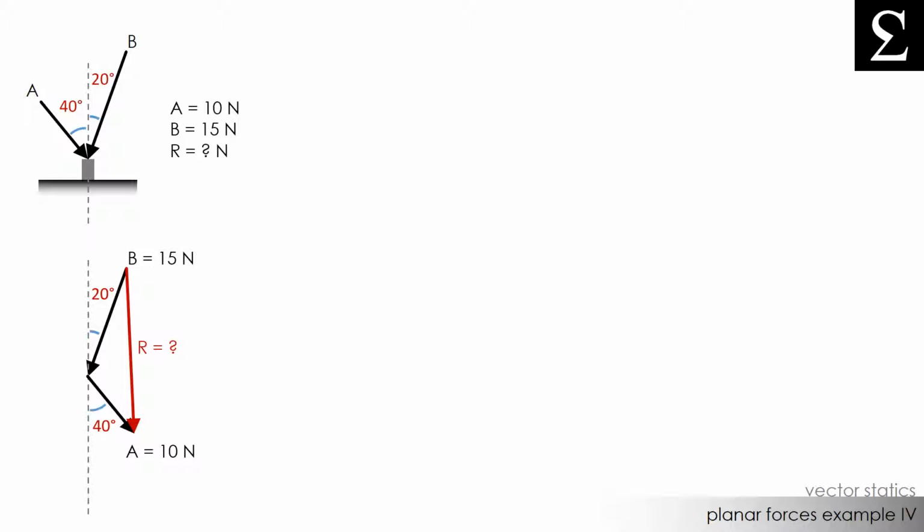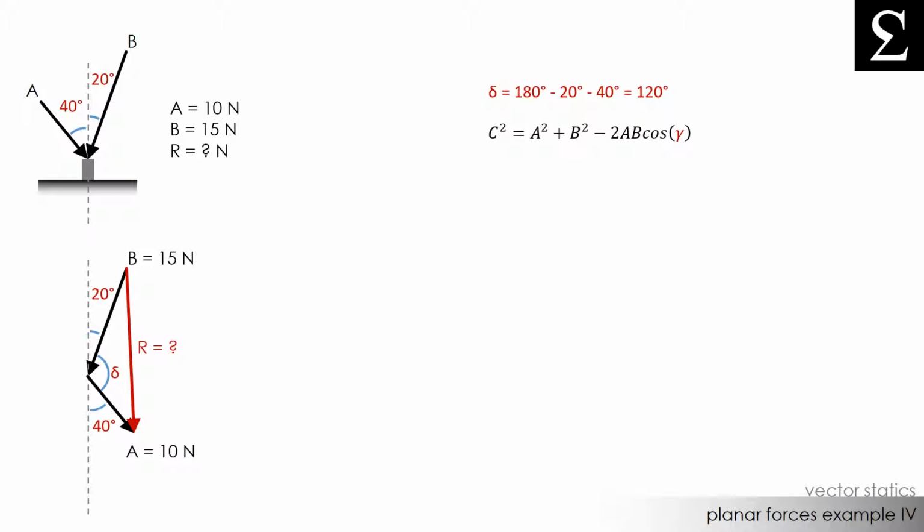We next need to calculate this angle here, which I will call delta. Delta is simply 180 degrees minus 20 degrees minus 40 degrees, which is equal to 120 degrees. Now, guess what?